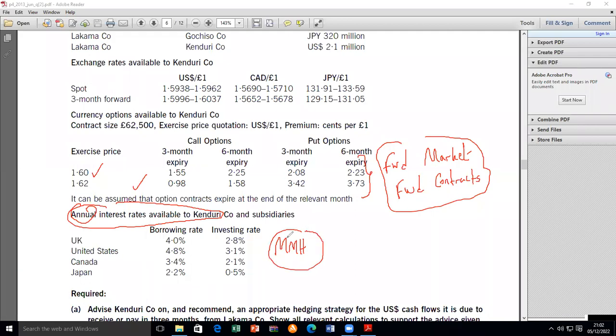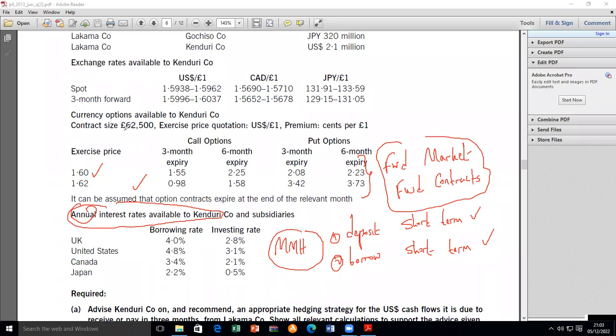So that's how we know the money market hedge is available, which involves that we can deposit money short term, or we can borrow money short term.